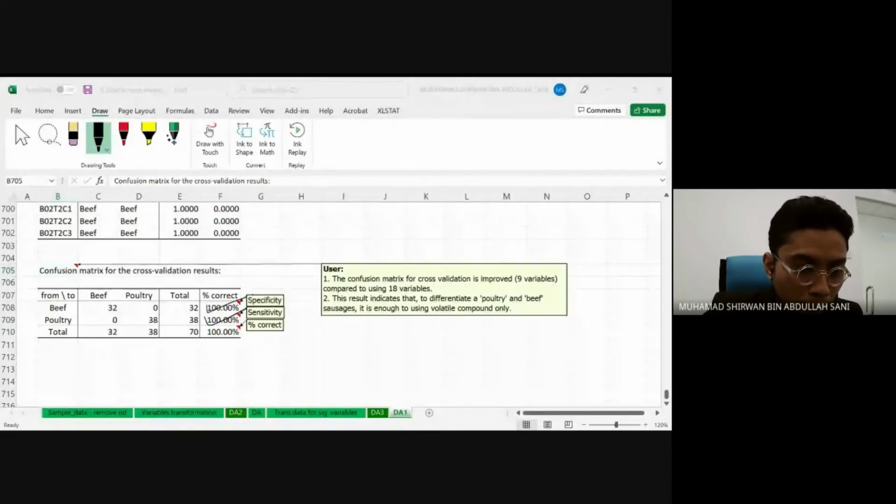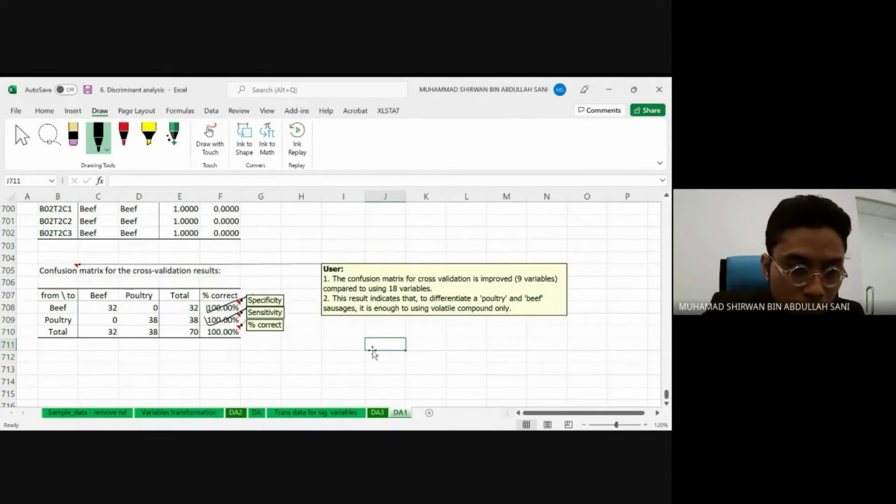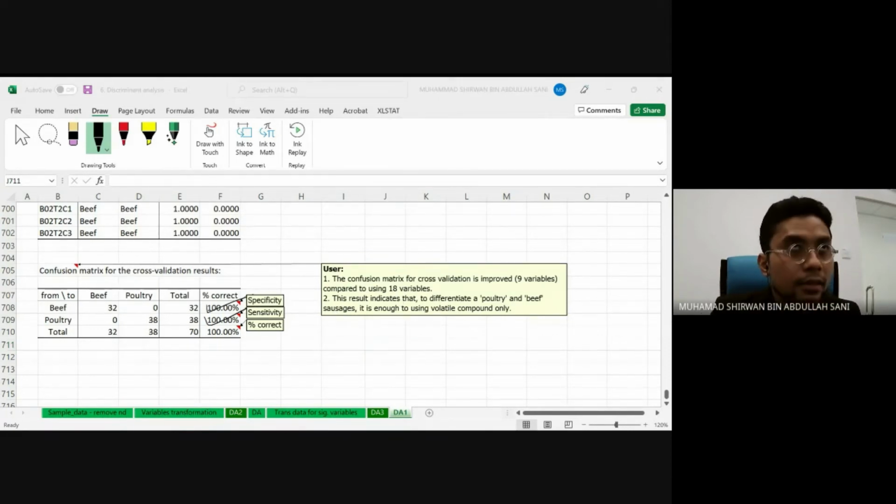If we compare to the result from 18 variables in the previous DA, the first DA, we got 62, 98 something percent in the cross validation confusion matrix. But now, with 9 variables only, we get up to 100% correct.